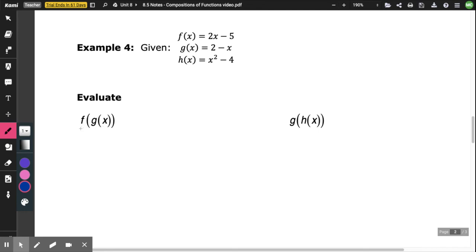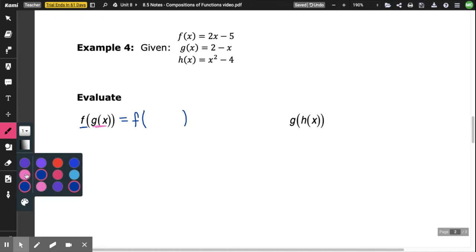Once again, I'm going to color code things: my f part in navy blue and my g part in pink. My first move would be to replace the g of x with what g of x is equal to. Looking up at the top, my g of x is 2 minus x.